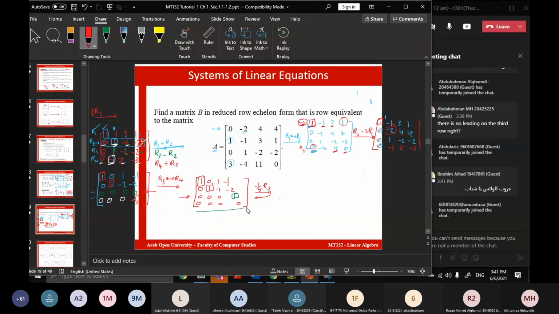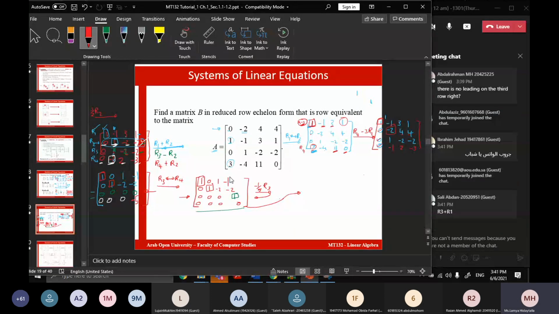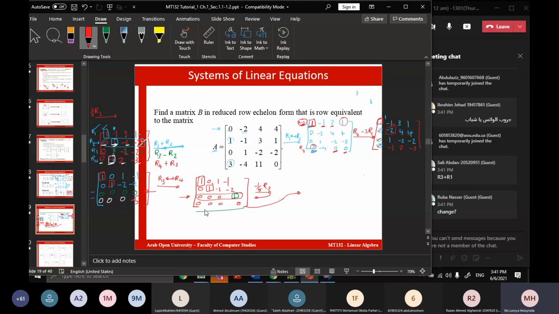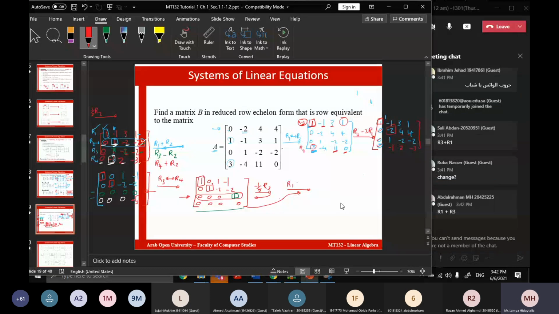Now this one, we want to change R1 using the row that has the leading one, which is R3. So we want to change R1. So the new R1 is the old R1 plus R3, since R1 has minus 1 and R3 has 1. Okay, so what will my matrix be?